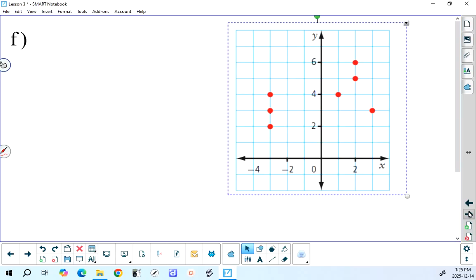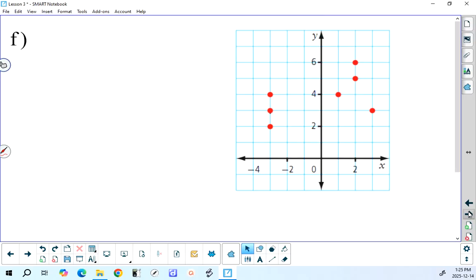Next one, well, this is kind of an oddball thing. Don't let it confuse you. We just don't have a simple way of talking about the domain as being some kind of continuous set of numbers. All we're going to do is we're going to say x is the following set of numbers.